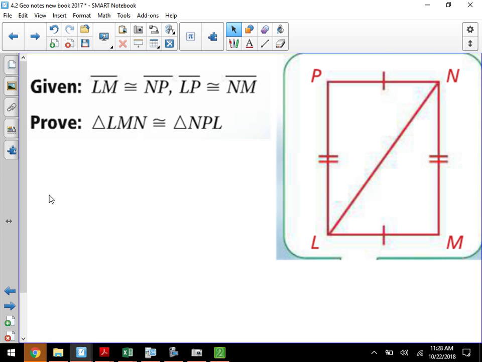We still have a given and a proof statement, but instead of proving something algebraically, twice this angle or twice this segment equals this other segment, there's not as much algebra to it, where you're going to be doing angle plus angle equals 90 and substitution and all that kind of stuff. A lot of this is just becoming, what definition do I have that I can mark my diagram to show that's congruent to something else?